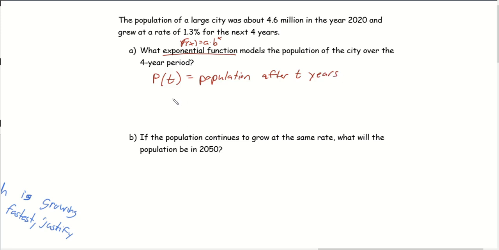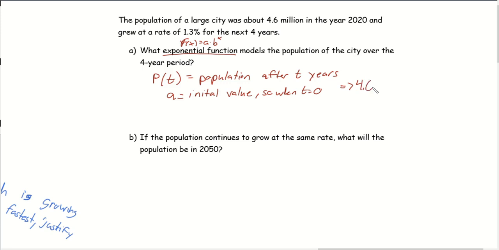Our a in this problem, and every other problem, is our initial value. So this is the start population, when t equals 0.